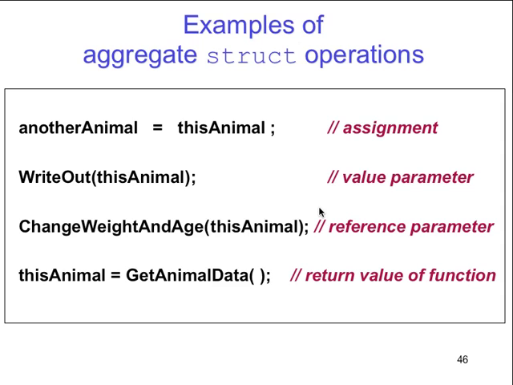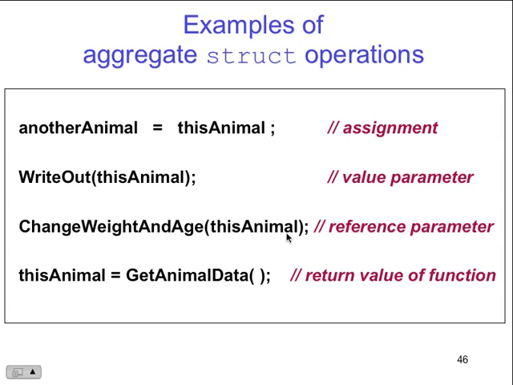So here are some examples of the aggregate operations. What do we have going on here? We have anotherAnimal is equal to thisAnimal as an assignment. If they're both of the same structure type, we can assign one to the other. And we can write it out. Write out thisAnimal, it's a value parameter. Write is a function. This is a function call to write out, and we're sending a parameter, thisAnimal.